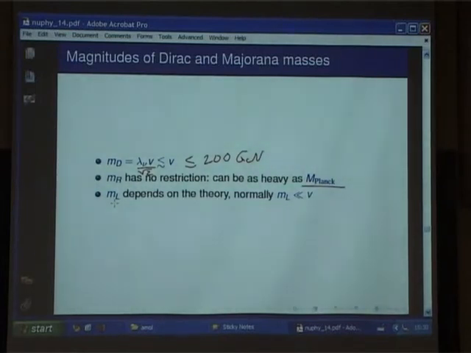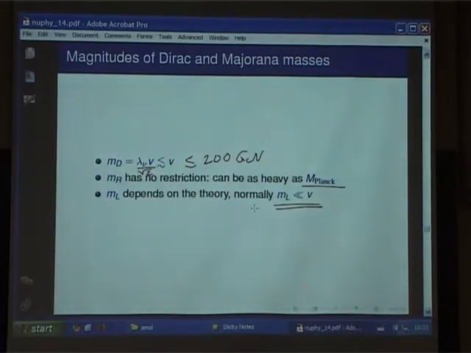And that tells you that normally this M_L is much smaller than V. All these are handwaving arguments. Nothing is cast in stone; the sky will not fall down if any of these is violated. These are sort of guesses.